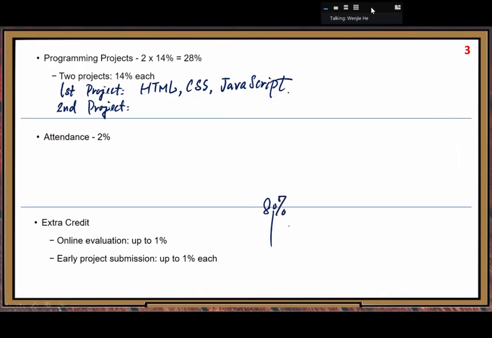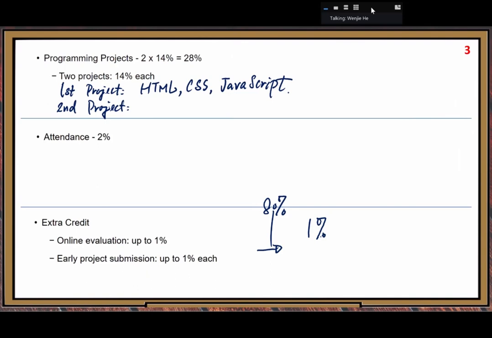In Canvas I have a page with a pie chart, so I can take a screenshot and post it to let you see the current percentage. If the whole class passes that 80%, everyone earns the full 1% extra credit.